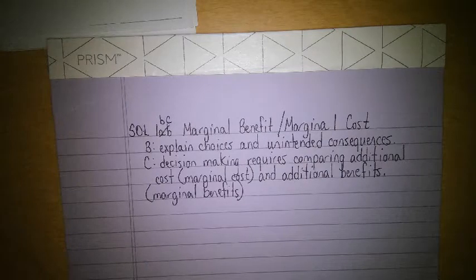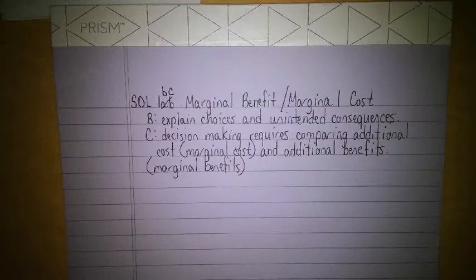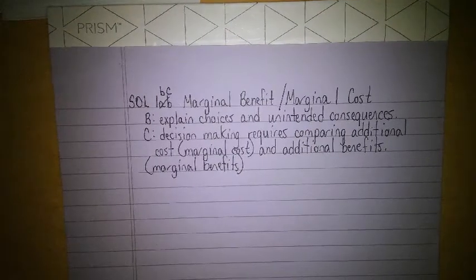You have to know what an unintended consequence is, which I'm fairly sure you guys already do, but we're just going to make sure that you do. Okay? So what is an unintended consequence?